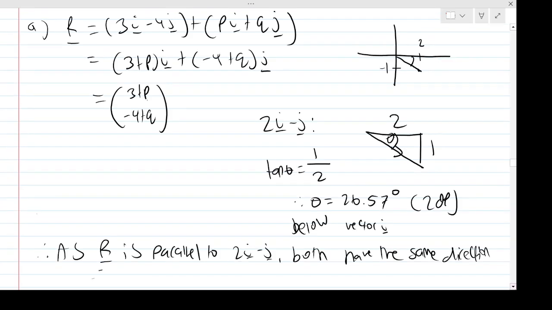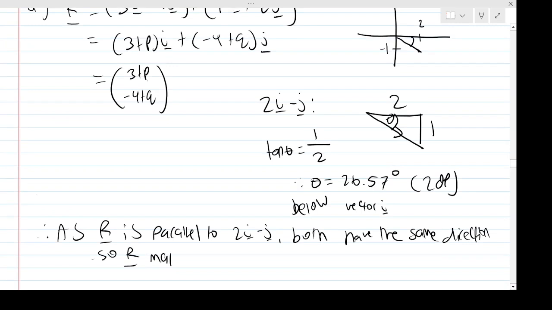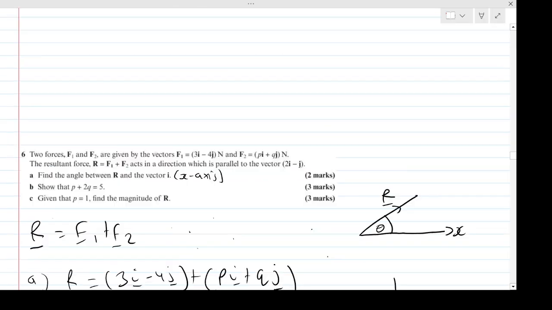So r makes an angle of 26.57 degrees with the vector i. And again, that just means i is the x-axis, so it's the angle it makes with the x-axis.